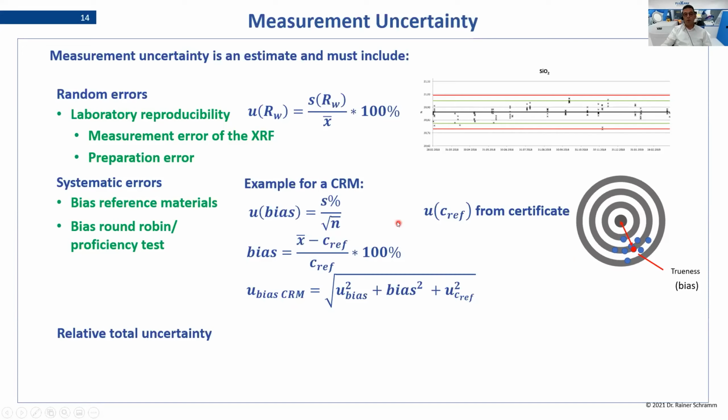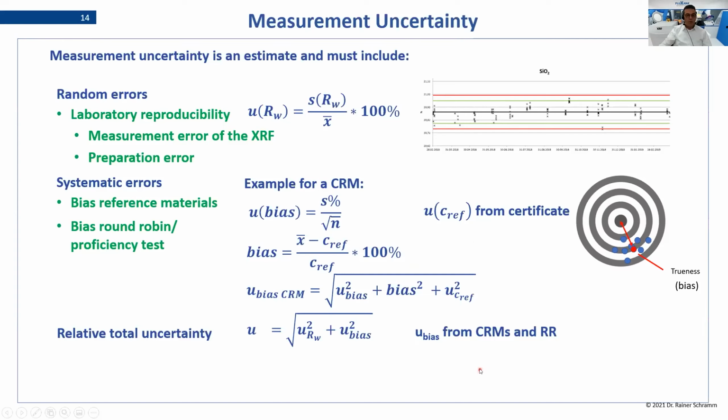And if you contribute in a proficiency test, you have to do this also for the proficiency test, and then combine all these bias uncertainties together to the total bias uncertainty. And when you have done this, you will combine this together with your uncertainty of the reproducibility to the total uncertainty. But this, of course, is not the end.